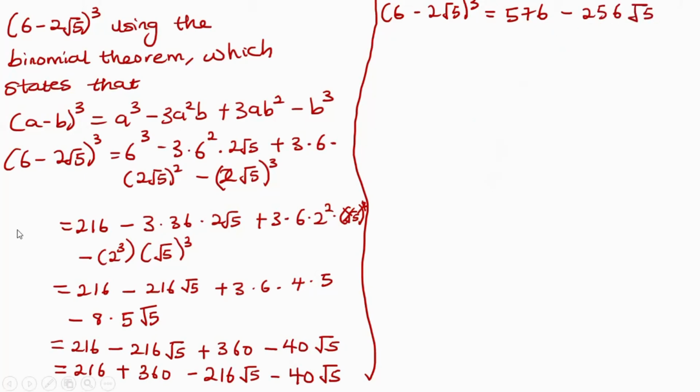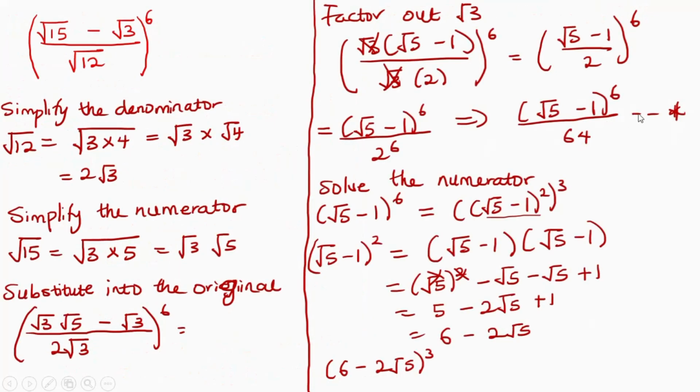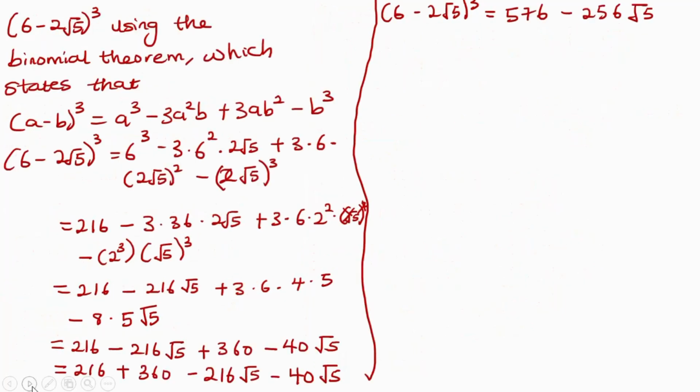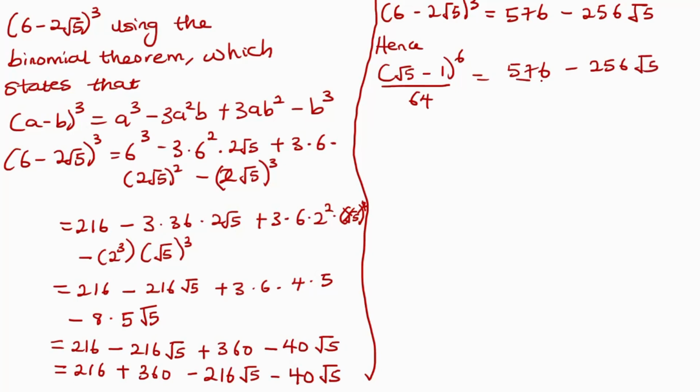Now remember I asked us to mark this particular equation, so we already know what root 5 minus 1 all raised to the power of 6 is. So we want to simply input it into this right here. So I'm going to say, hence, root 5 minus 1 all raised to the power of 6 over 64 is equal to 576 minus 256 root 5 all over 64, which is equal to 576 over 64 minus 256 root 5 over 64.